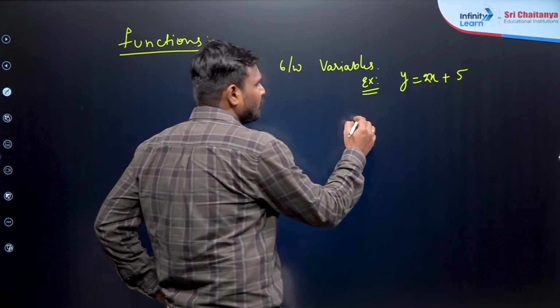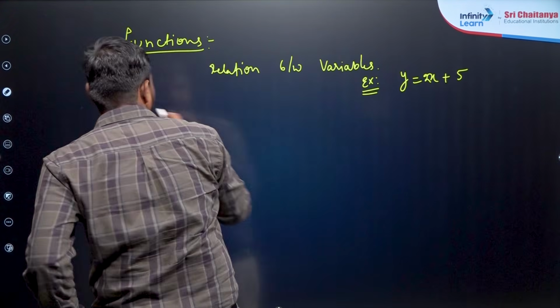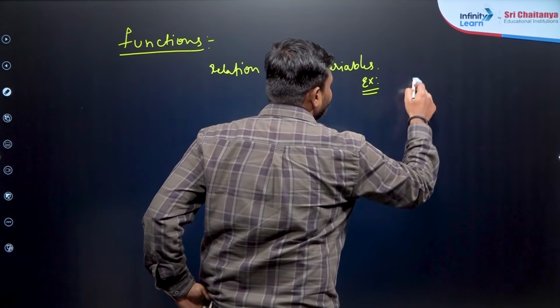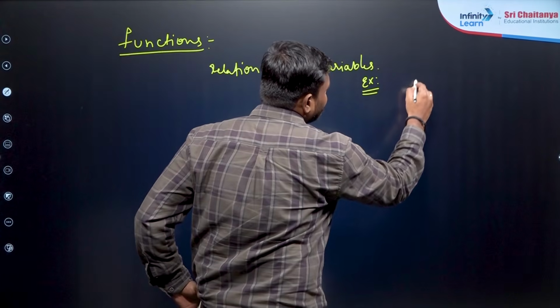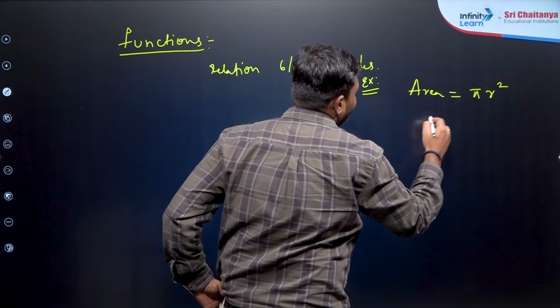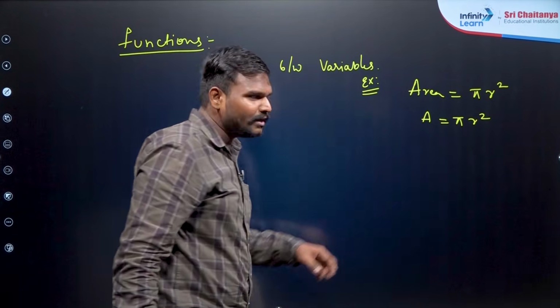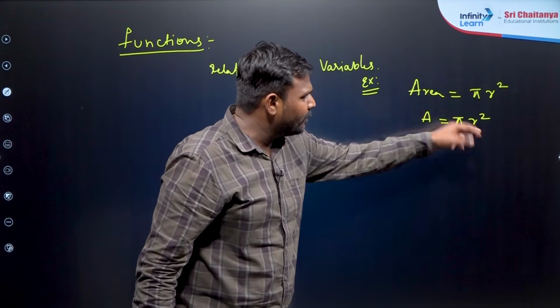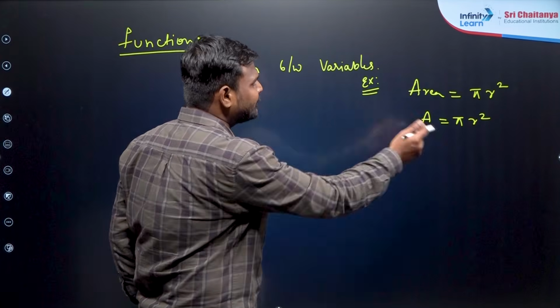And very frequently we will use, let us say we know the area of a circle is equal to pi r square. So this is a formula or a relation that we know. Here area is equal to pi r square for a circle where r is the radius.